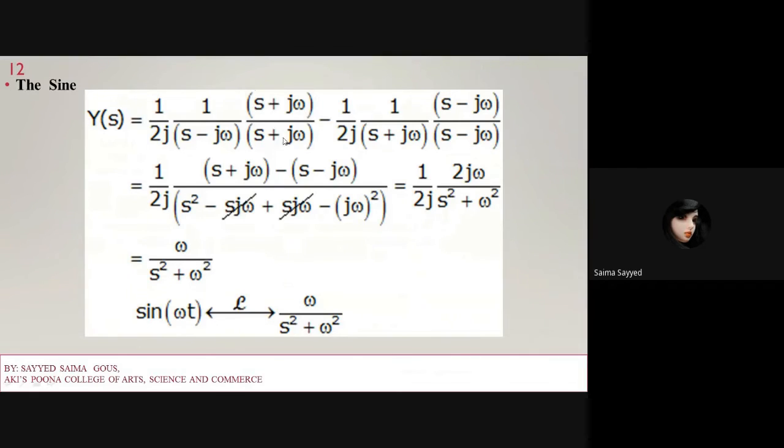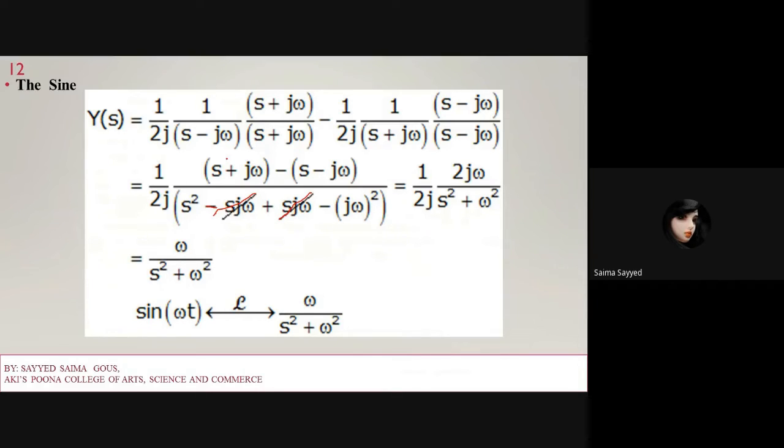Now divide and multiply this particular term with s plus j omega, and the next term with s minus j omega. So it will become s plus j omega minus s minus j omega, and the denominator will become s square minus s j omega plus s j omega minus j omega square. Now this minus s j omega will get cancelled with plus s j omega.